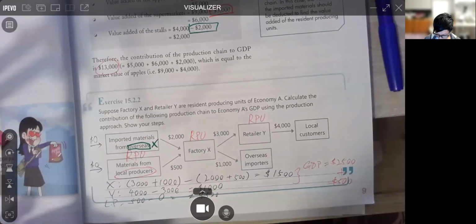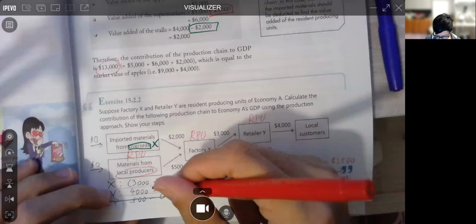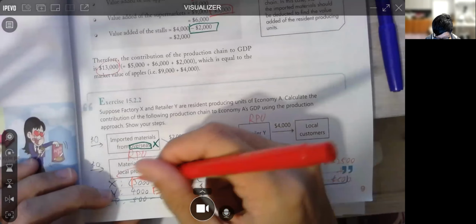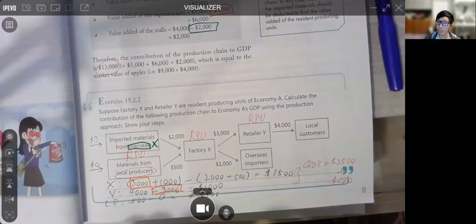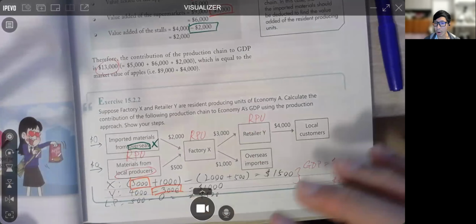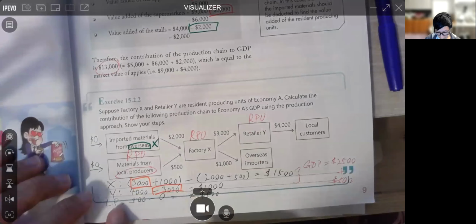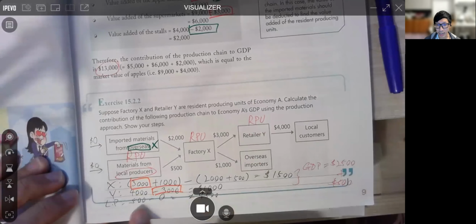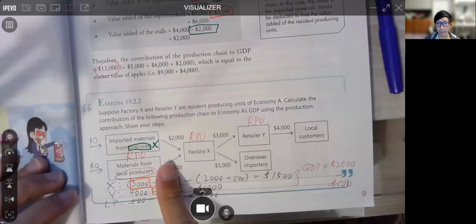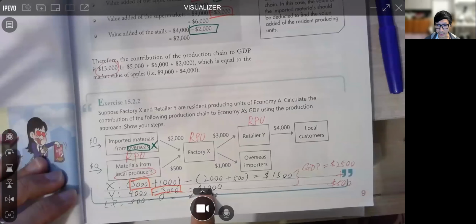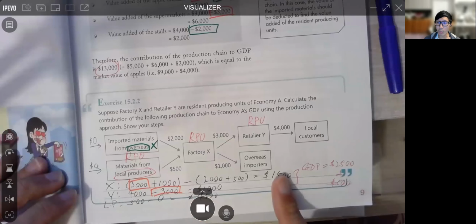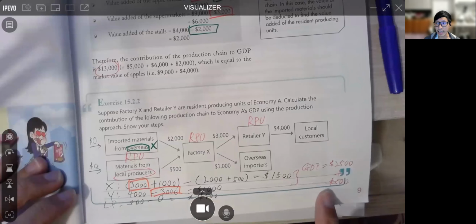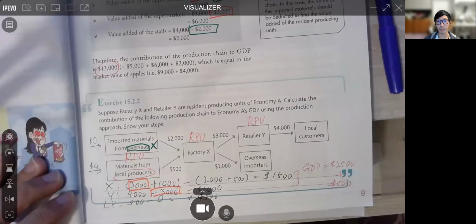Look, this is interesting, do you see? Minus 3,000 automatically takes care of this problem. And finally, the local producer from 0 to 500. We have this number. Therefore, the total should be 3,000. Total GDP should be 3,000.